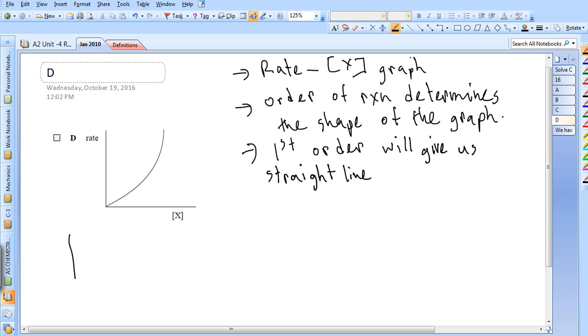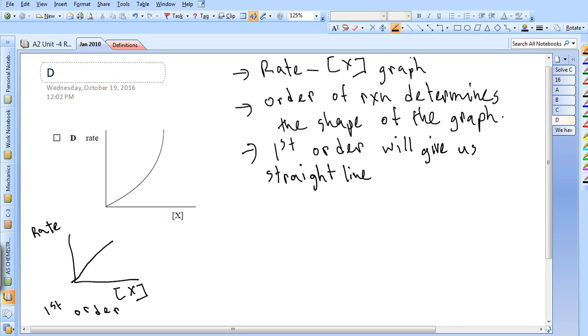Just like this. So this is rate against concentration. The straight line will give first order. This is first order.